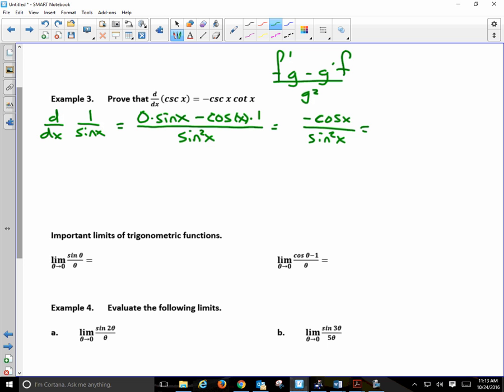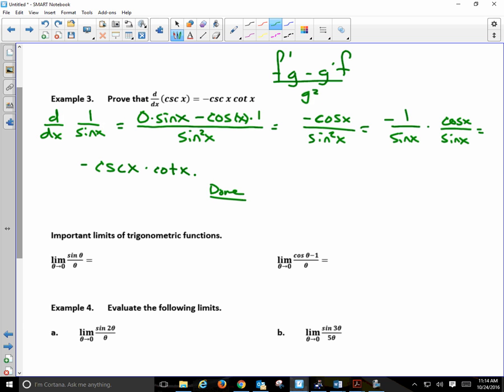Very good. Negative 1 over sine times cosine over sine. What's negative 1 over sine? Negative cosecant. And what's cosine over sine? Cotangent. So my proof is done. I've shown that the derivative of cosecant using the quotient rule is negative cosecant times cotangent.